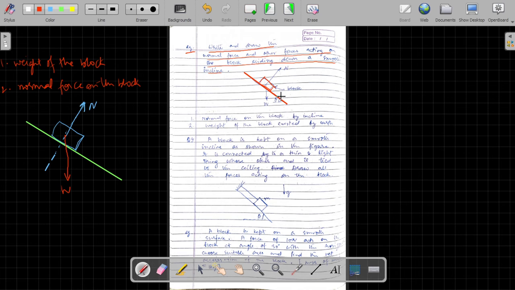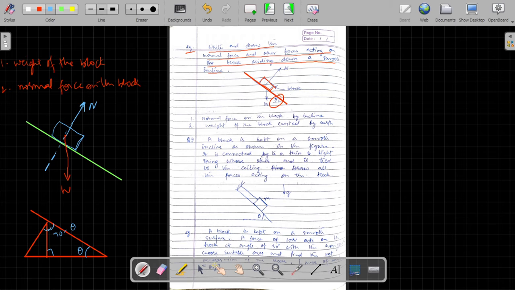We are given the angle of inclination as theta. So this particular angle is theta. We can draw a triangle. This is the perpendicular. This is the triangle we are talking about. We are given this particular angle as theta, this angle as 90, so this angle would be 90 minus theta.